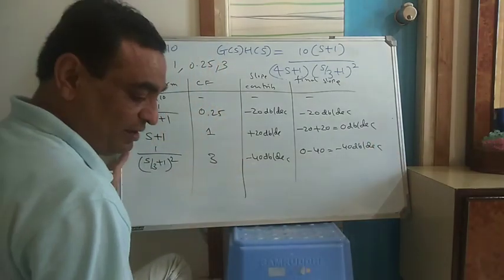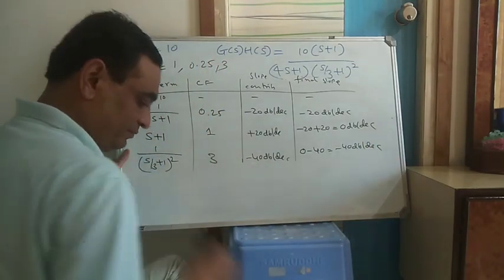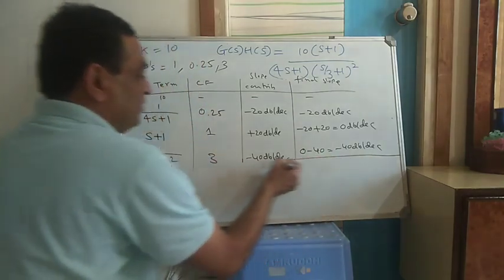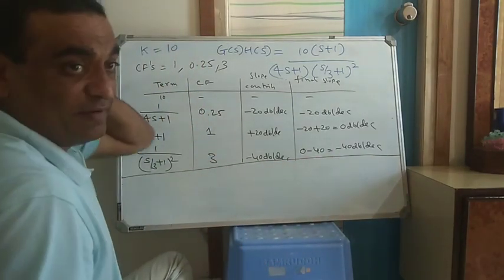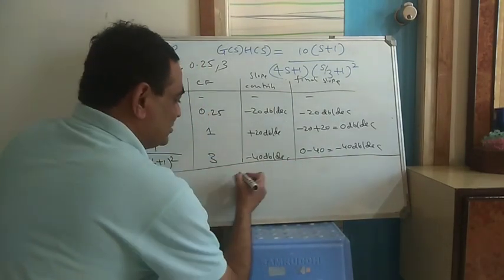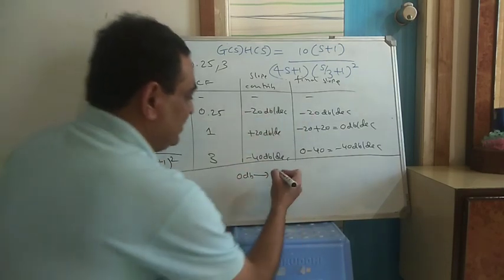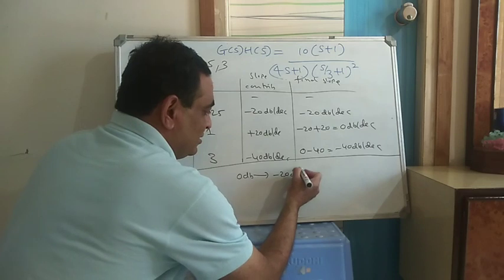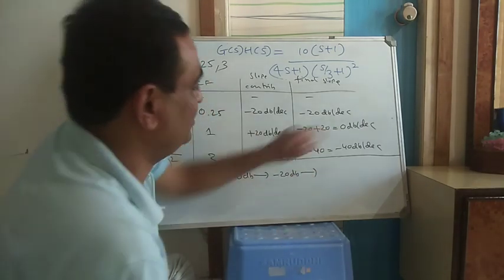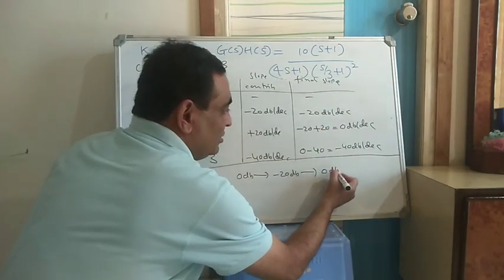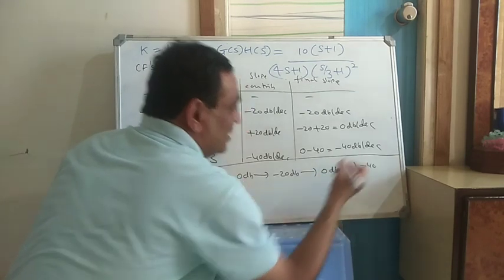So how will the slope vary? This is how we prepare the table. How will the slope vary? There would be a parallel line, first 0 dB, then minus 20, then again 0, then minus 40 dB line.